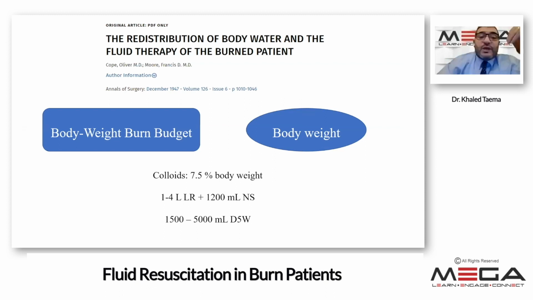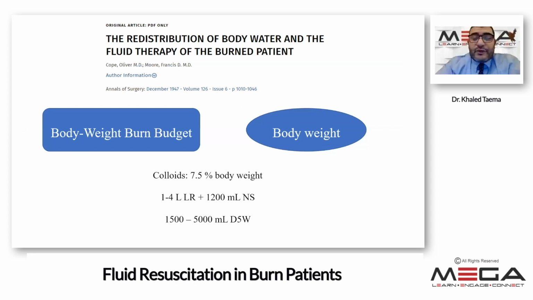Accordingly, some other authors provided a burn budget based on the losses that does not depend on the surface area of the burn, but on the body weight, which can be an estimate of the transmembrane shift. They also used colloid at 7.5% of the body weight.